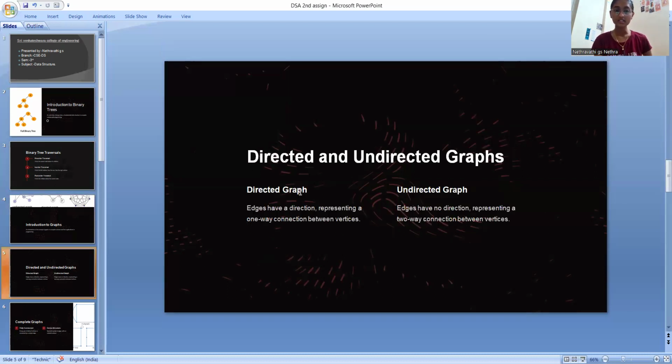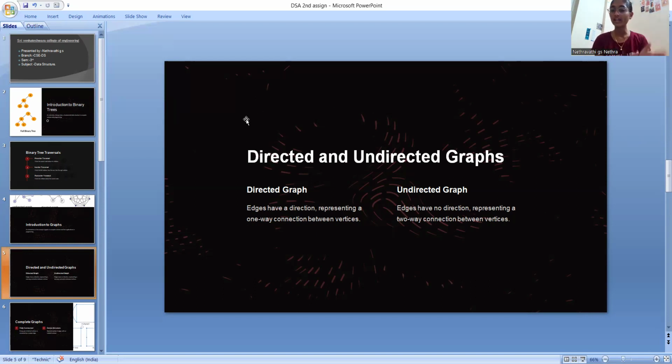The first is the directed graph. The edges have a direction, representing a one-way connection between the vertices. For example, if I give A and B, and the direction shows A towards B, then it indicates that A is directed towards B. It's not vice versa; B is not also directed towards A. It's just a direction.